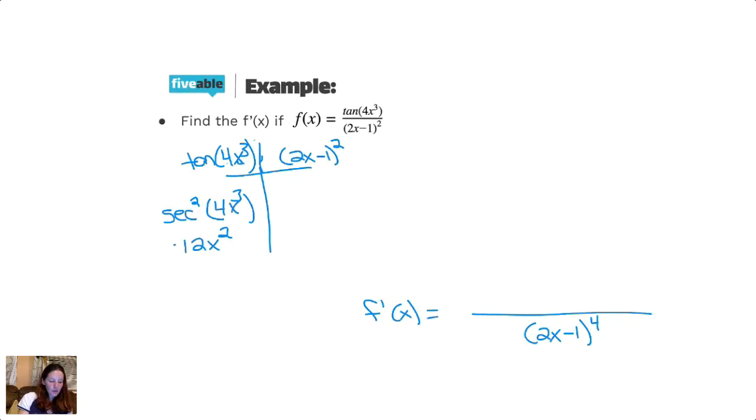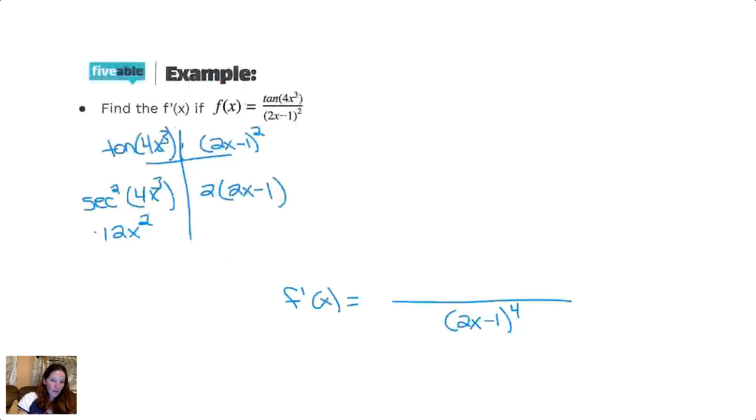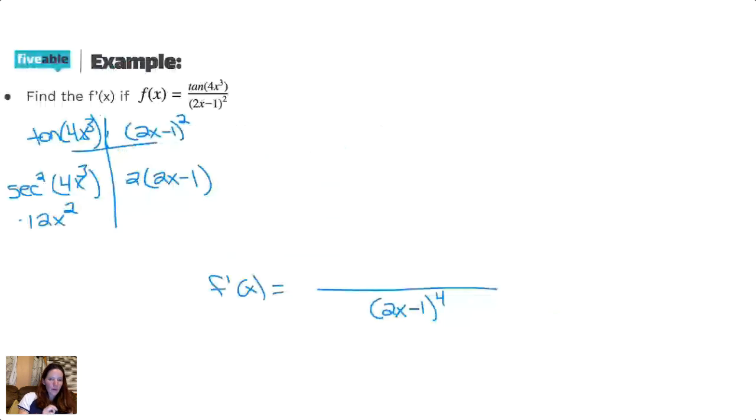For the other one, the outside is something squared. So we're going to take that 2 down times something to the first and copy the inside. So now I certainly did not make that line long enough, but we're going to do our work. So we're going to do Chris. So we're going to start in that lower column and multiply by the top column.